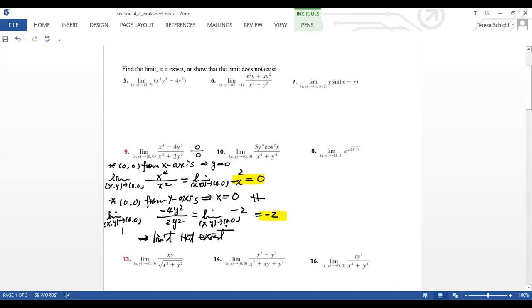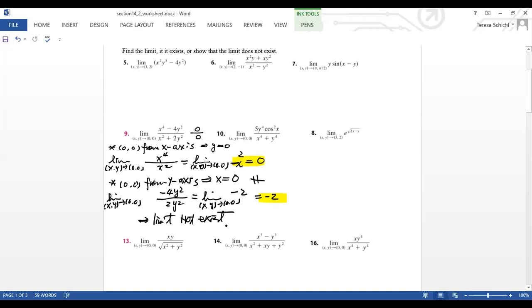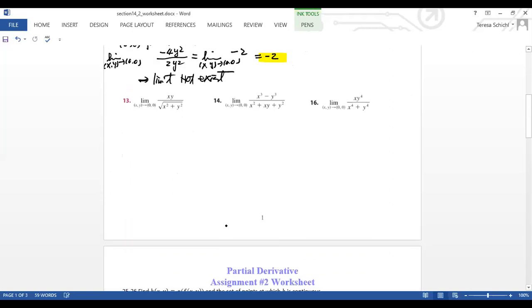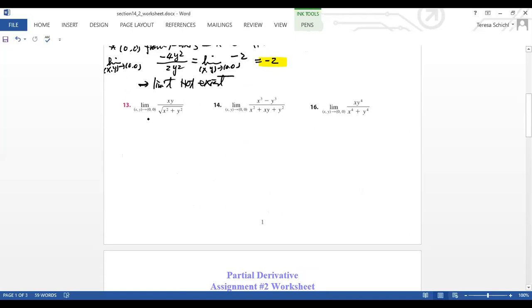Okay, all right, so now let's take a look at number 13. For number 13, as (x,y) approaches (0,0), if you plug it in, this one is also 0 over 0.